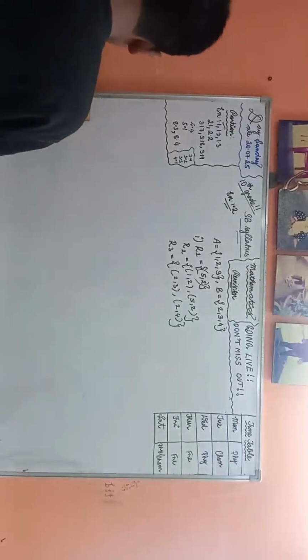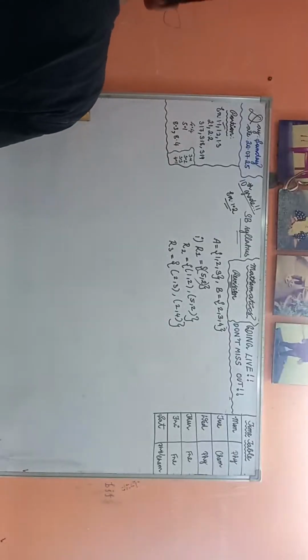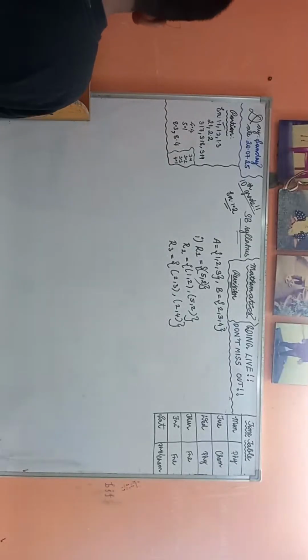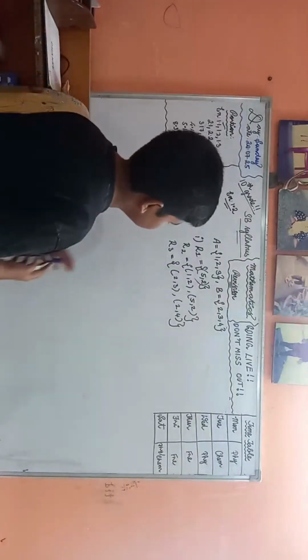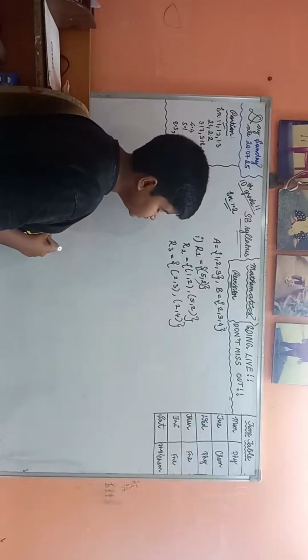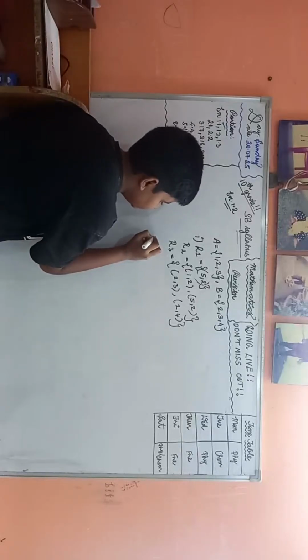First, they ask which of the following are relations from A to B. To know what relation means, the first thing you have to do is multiply A into B.